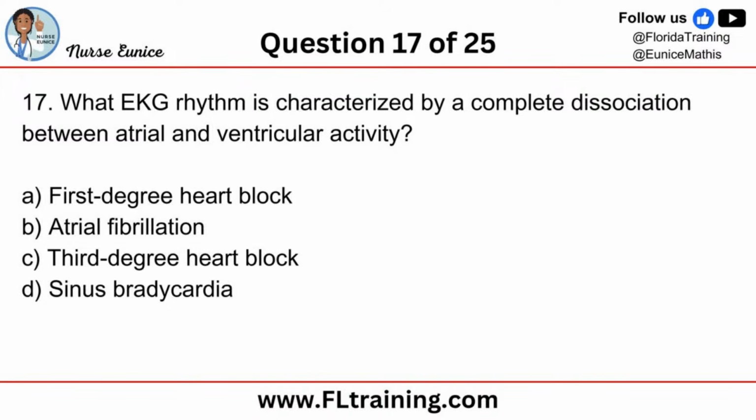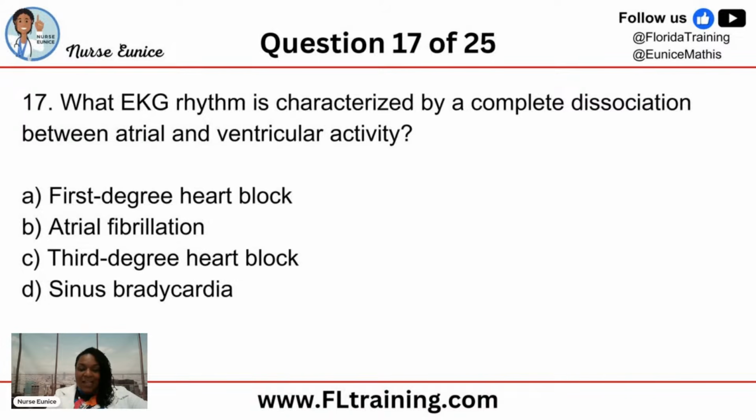All right. Question number 17. What EKG rhythm is characterized by a complete dissociation between atrial and ventricular activity? Is it A, first degree heart block, B, atrial fibrillation, C, third degree heart block, or D, sinus bradycardia? So we're back to if there is a complete dissociation.